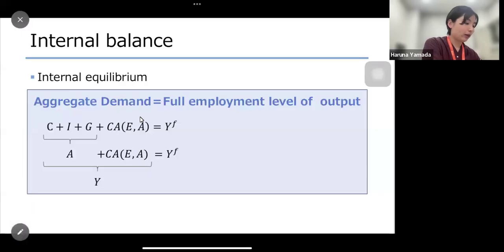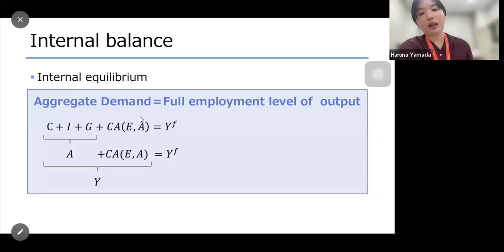So aggregate demand is like this: C, consumption, plus I, investment, plus G, government expenditure, and CA is the current account. Then C plus I plus G is called absorption.